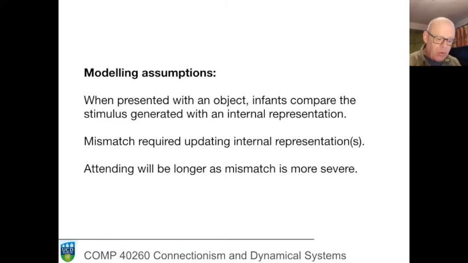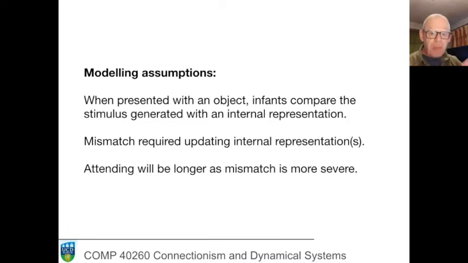That the experimental vehicle set up by the developmental psychologists presents us with a framework in which we will interpret the infant. And in this framework, when the infant is presented with an image of an object, never with an object, just an image of an object, then the infant will compare what it sees with an internal representation.